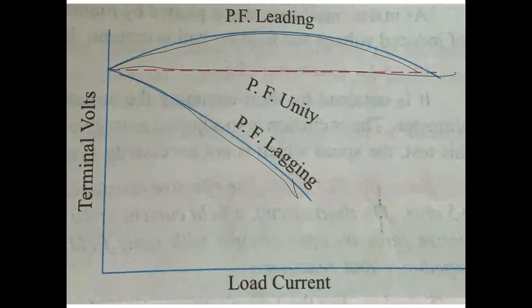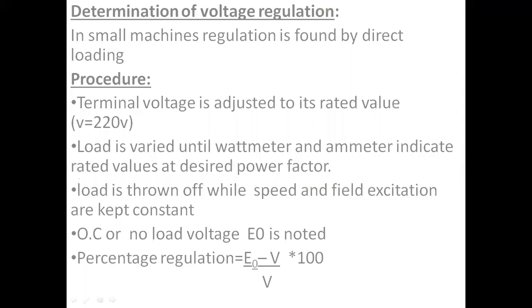So our aim is to find this voltage regulation. So, determination of this voltage regulation. See here, for determining the voltage regulation for small machines: if you consider a small machine, the regulation will be found directly by loading. So what is the procedure?